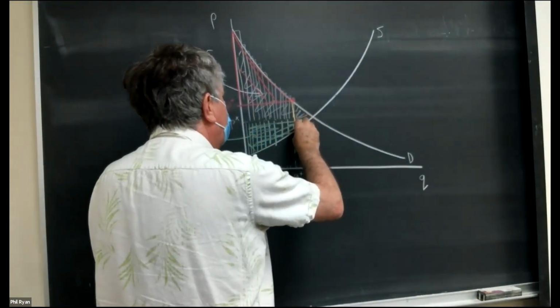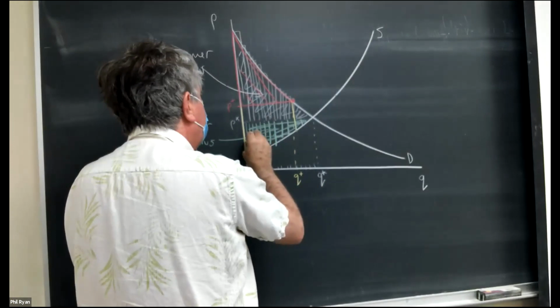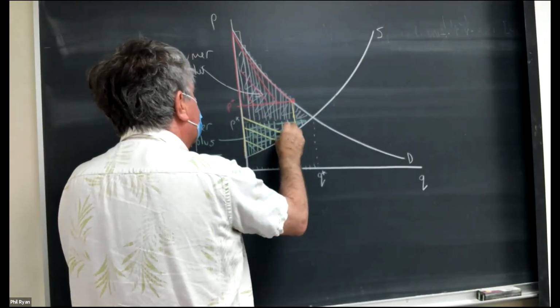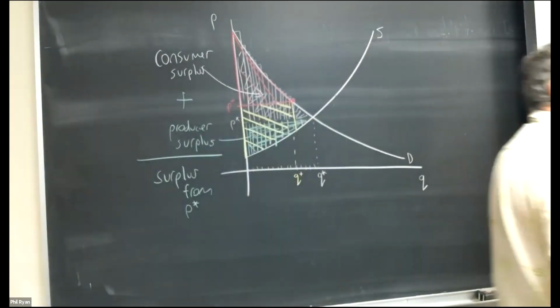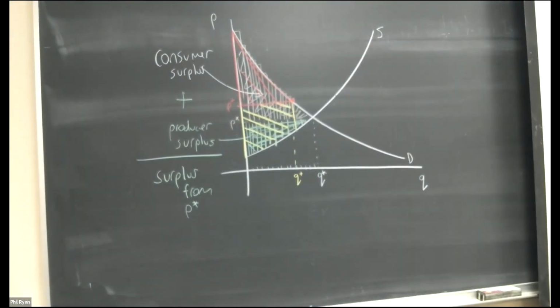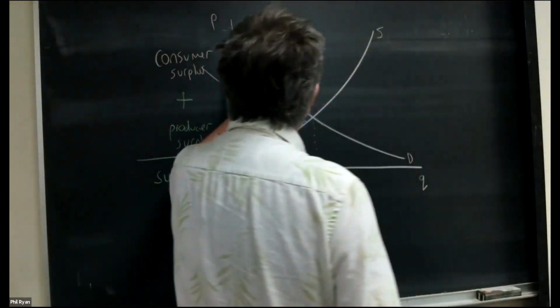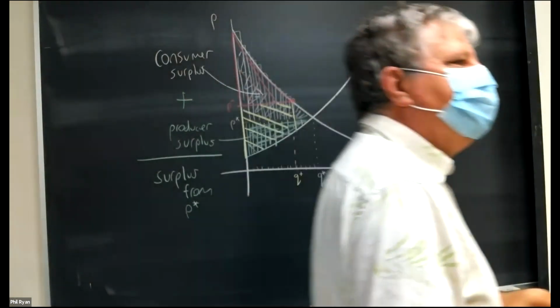Because now here is the producer surplus. It goes up. That's why they did it, right? That's why they did what they were going to do. They could, but consumer surplus goes down, producer surplus goes up.